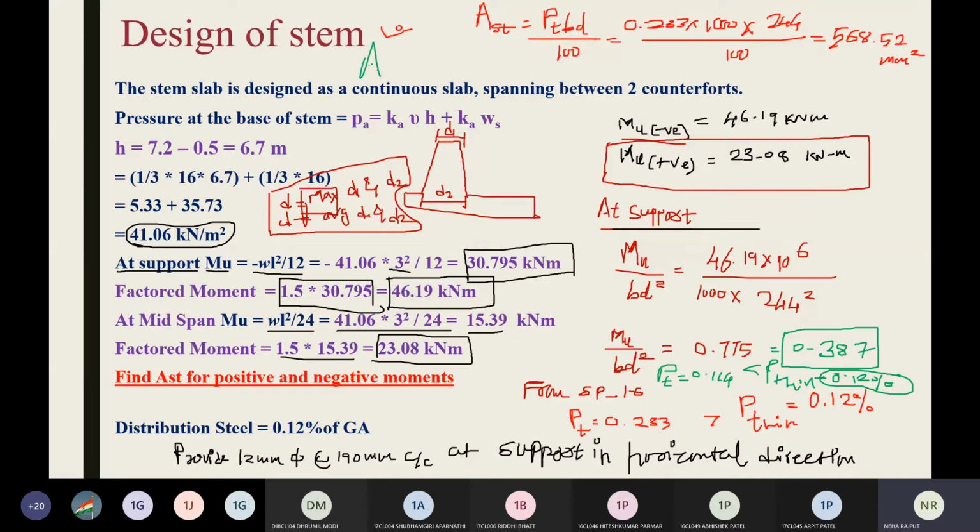Again we can find area of steel. So for area of steel, now instead of 0.114, I will take 0.12 into 1000 into 244 divided by 100. Right, so this will give you the value of area of steel for the mid-span. So 292.8 mm square.